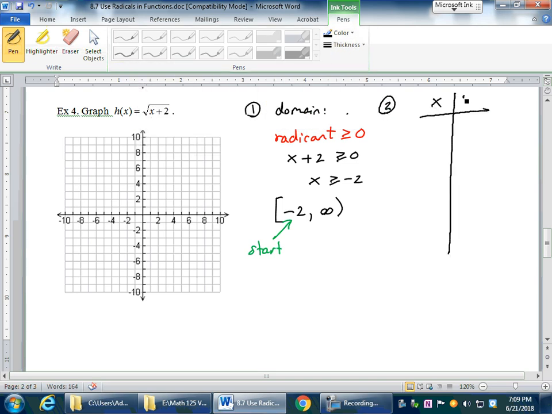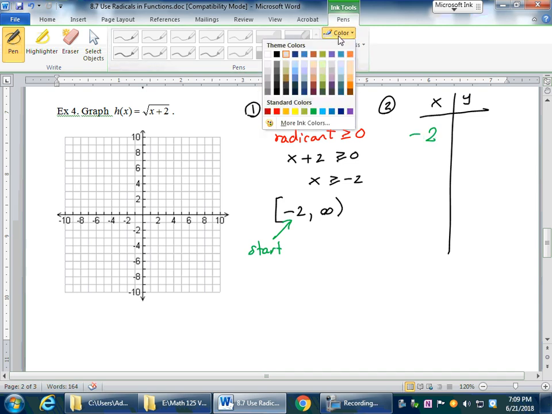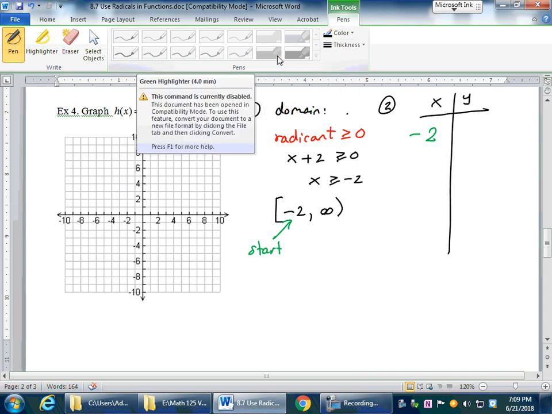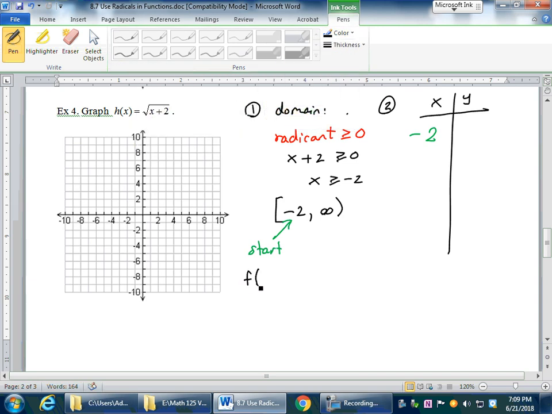Find the ordered pairs, the solutions, from the table, using the starting point, -2. From here, h of -2 is square root of -2 plus 2, which is square root of 0, equal to 0. So we got 0.